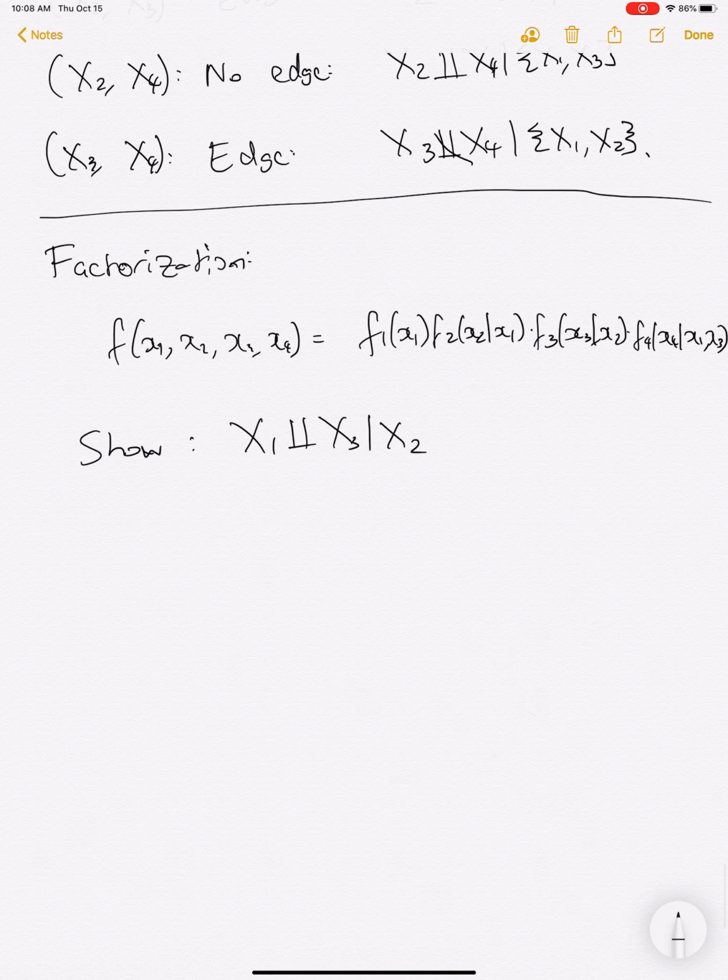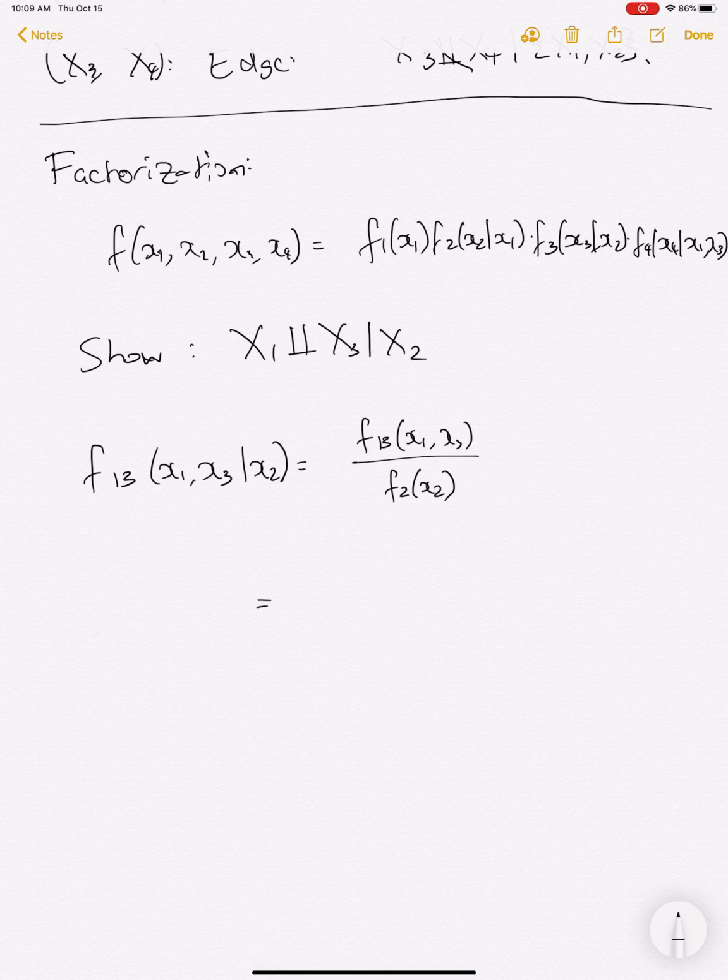So we know that if we look at the joint distribution, x1, x3 given x2, that's equal to f1,3 of x1, x3 over f2 of x2.